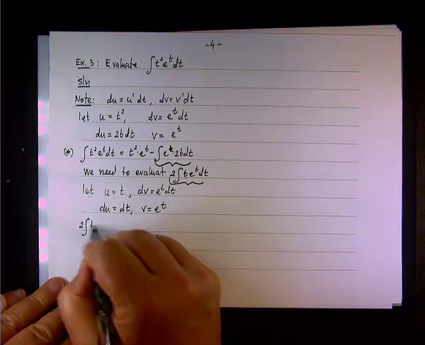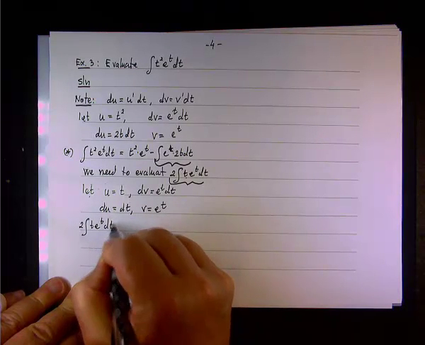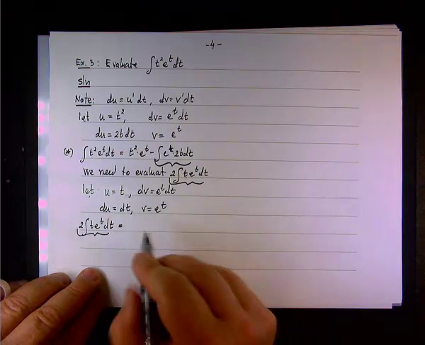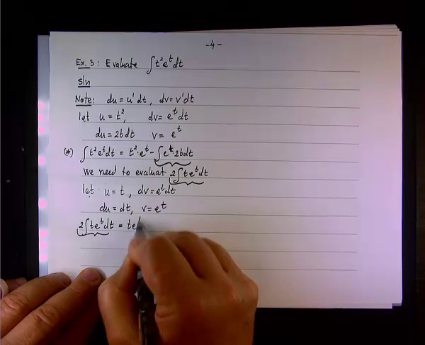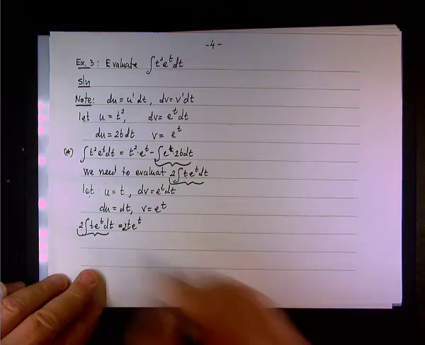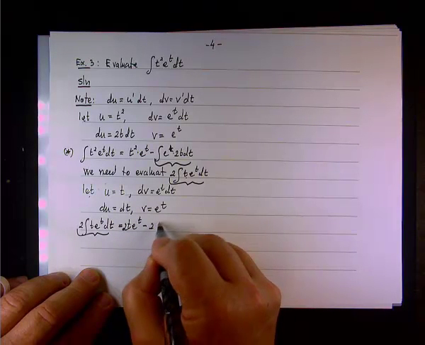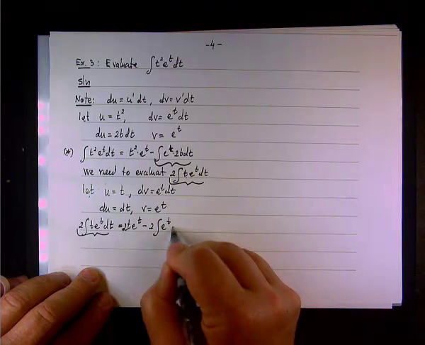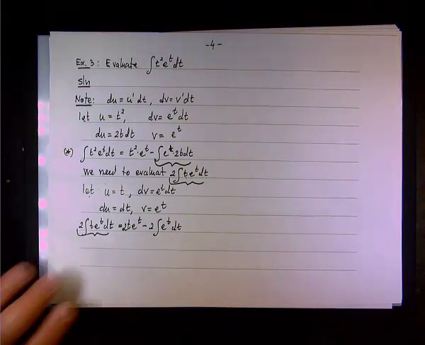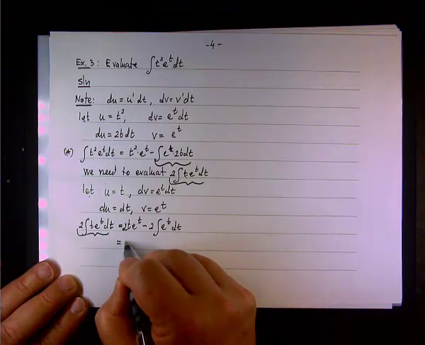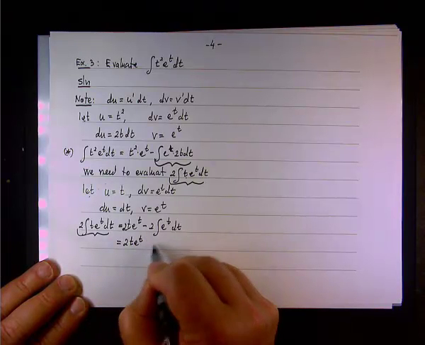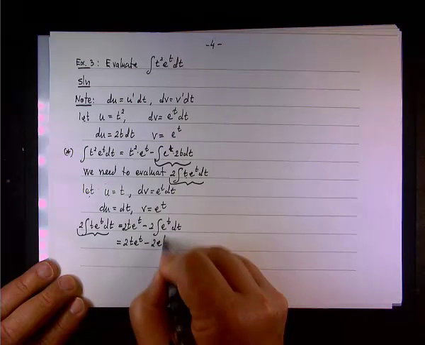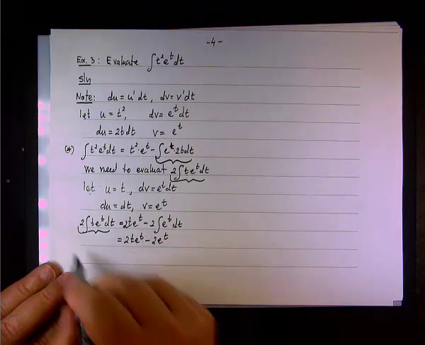And now 2 times the integral of t e to the t dt, the one that we marked with the curly bracket, will be u times v. Well, that will be t e to the t, but we have 2 of those, right? We need to multiply by 2. Minus 2 times the integral of v du, e to the t dt. Now this integral we can handle nicely. So we end up having 2t e to the t minus the integral of e to the t dt, which is e to the t, so minus 2 e to the t.